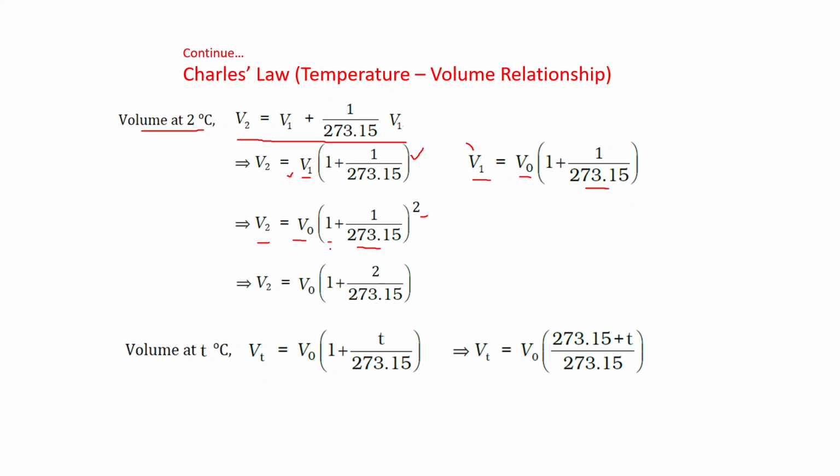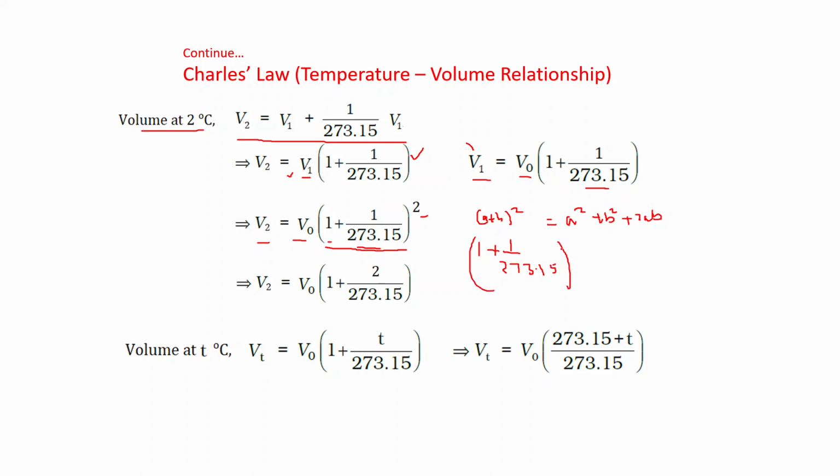Okay. Now if we solve this, we can say this is (A plus B) whole square. And if you expand it, this is A square plus B square plus 2AB. Now in this case, what is A? A is 1 and B is 1/273.15.